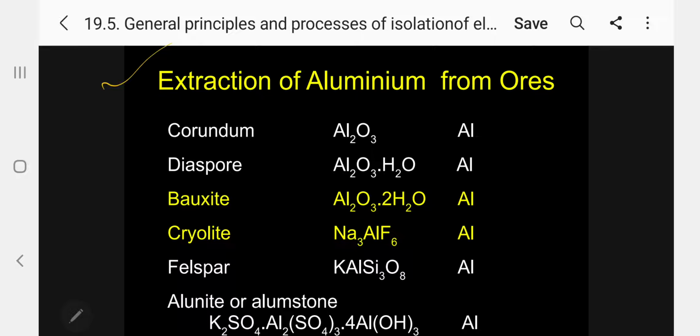The next, the extraction of aluminium from ores. Kindly follow. For aluminium, there are nearly 6 ores available. Among the 6 ores, bauxite and cryolite are generally used to extract aluminium. So let me explain one by one. One is corundum, aluminium oxide, formula Al2O3, from which aluminium can be extracted.